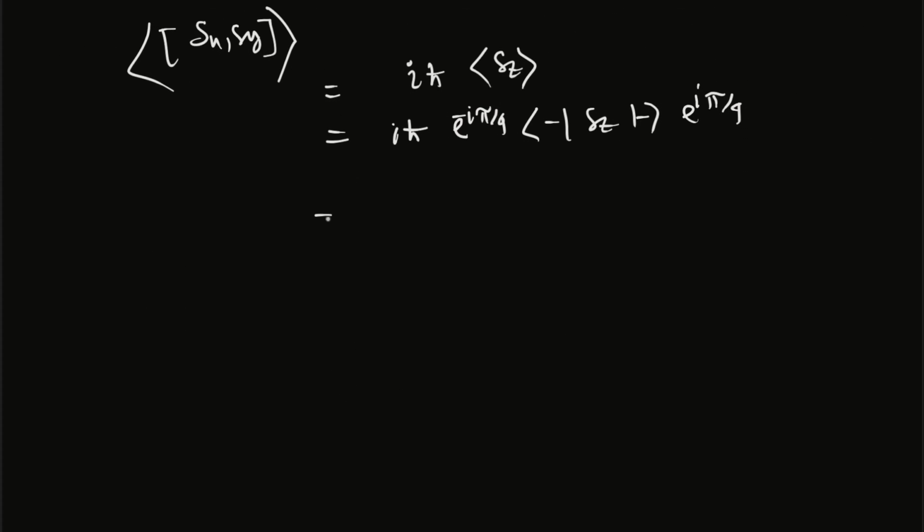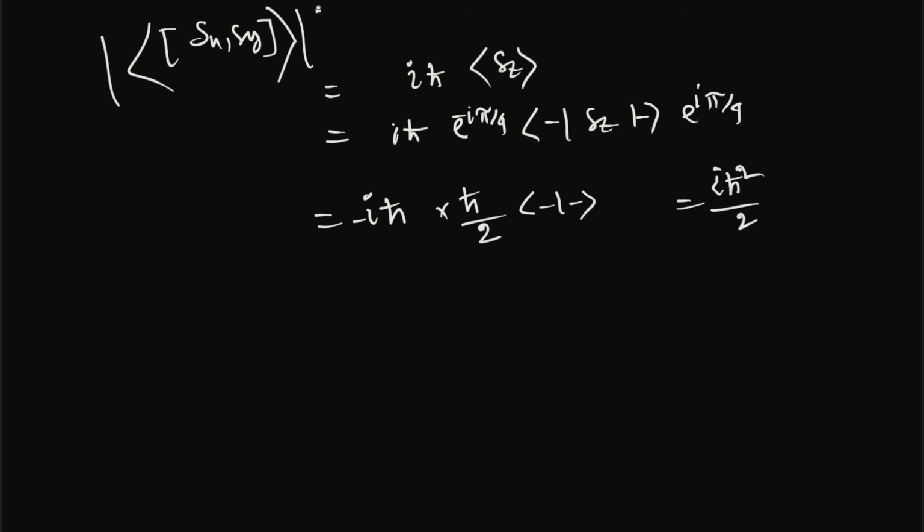So that means it will give I h cut into h cut by 2, minus here will be minus sign, so I h cut square by 2. So its mod square will be h cut square by 4.